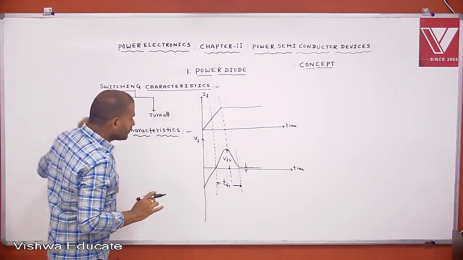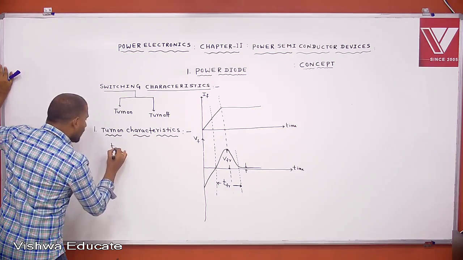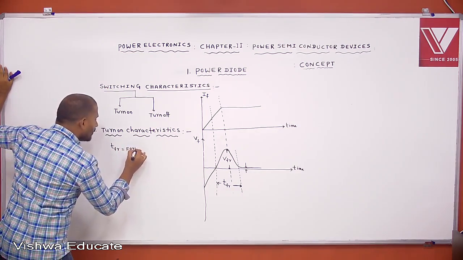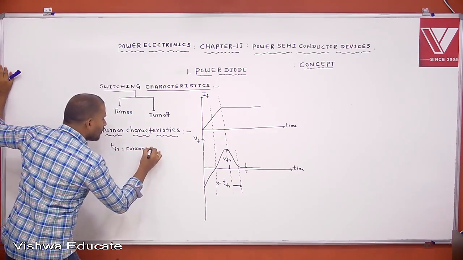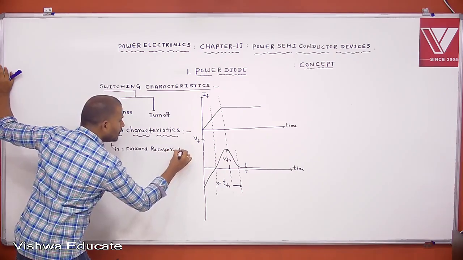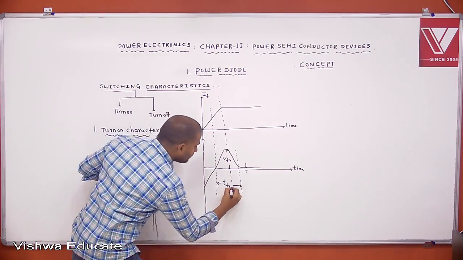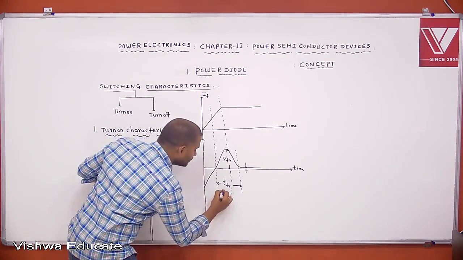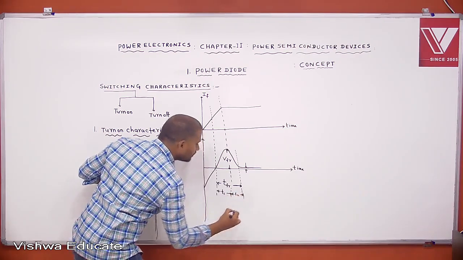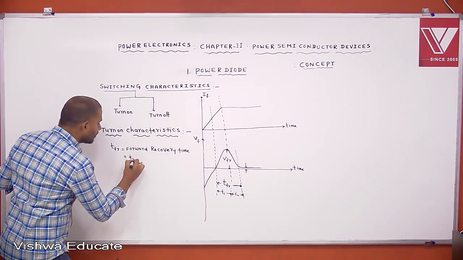The observation here is that TFR is the forward recovery time. Let this time be taken as T1 and this time as T2. Then forward recovery time equals T1 plus T2.